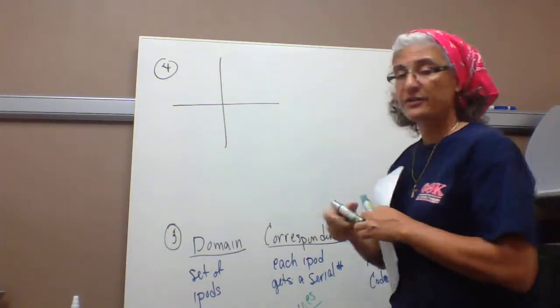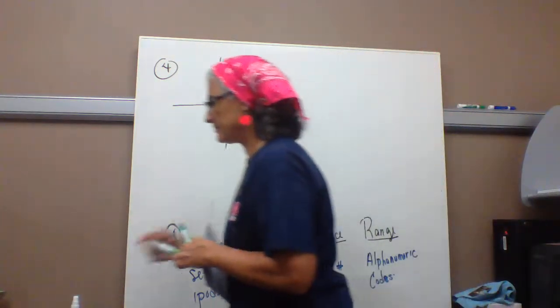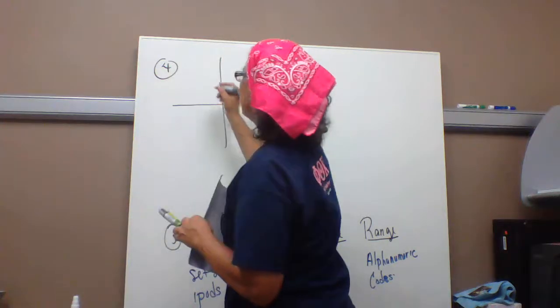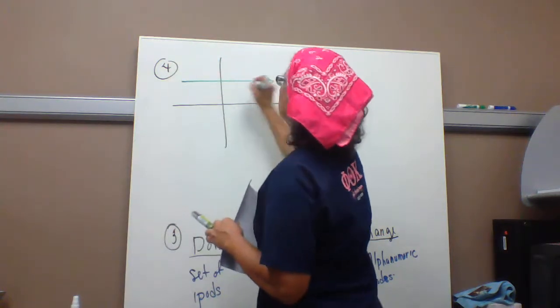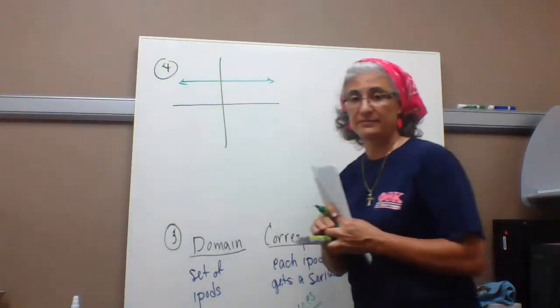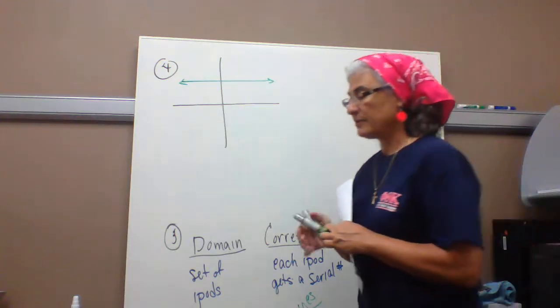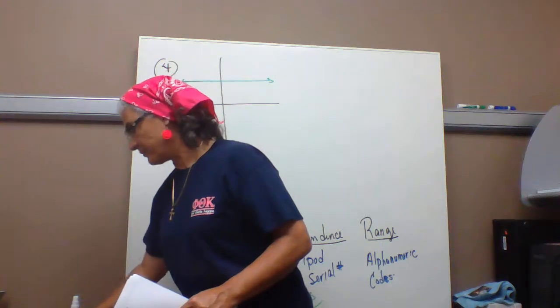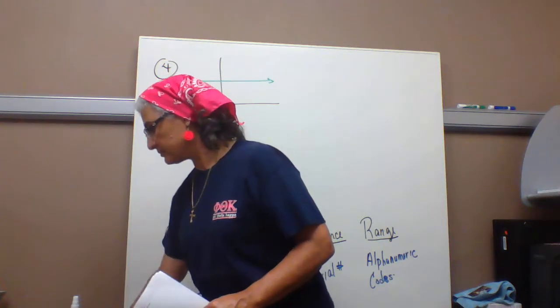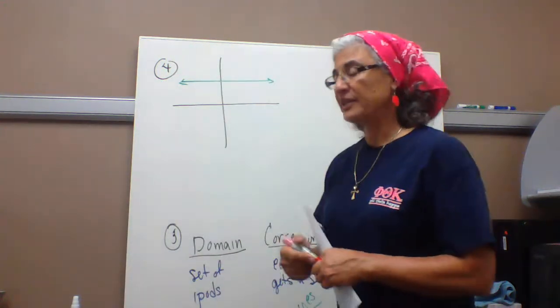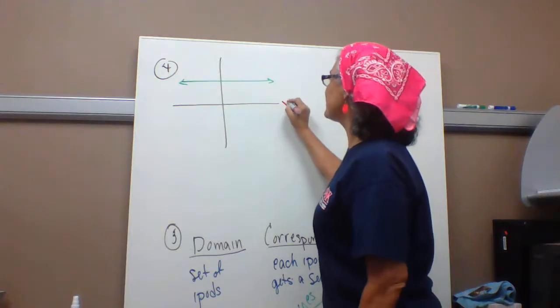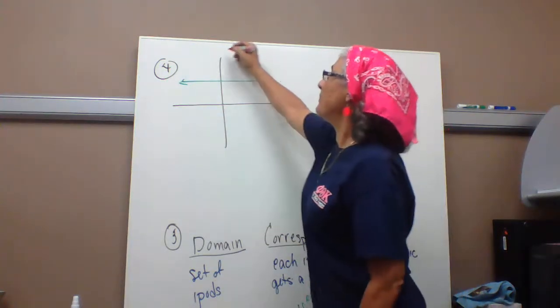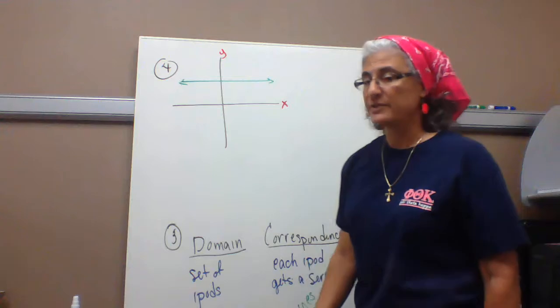So, there's my coordinate system, and the graph I'm going to work with is this line. Now remember, every input's supposed to have only one output if this is supposed to be a function. So, when I take a look at this, my x's are the inputs, my y's are the outputs.